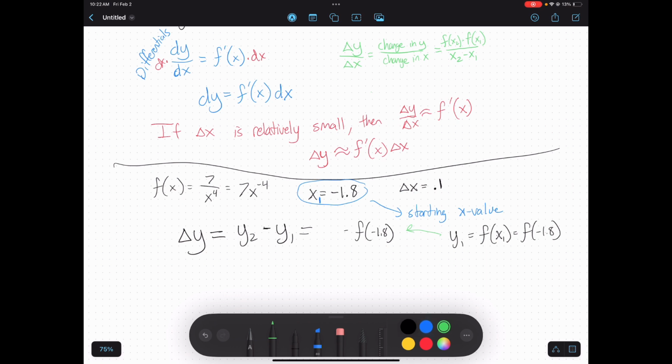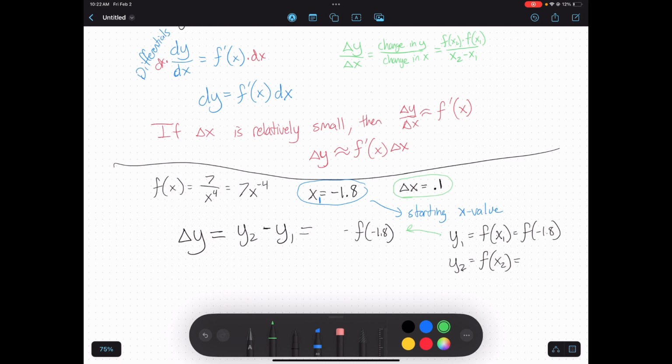But what about y2? How am I supposed to find y2? Well, y2 is just, of course, the function value at x2. But what is my x2 value? Well, that's where I can use this. My change in x is equal to 0.1. So how much am I moving? If I'm starting at negative 1.8, this 0.1 tells me I'm going to go up by 0.1. I'm going to change by a positive 0.1.